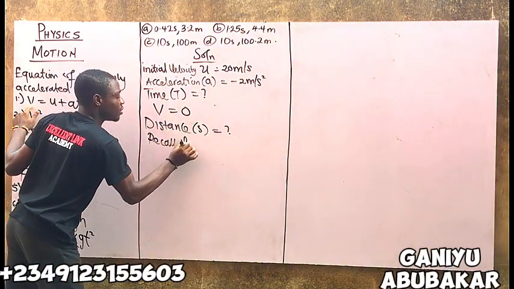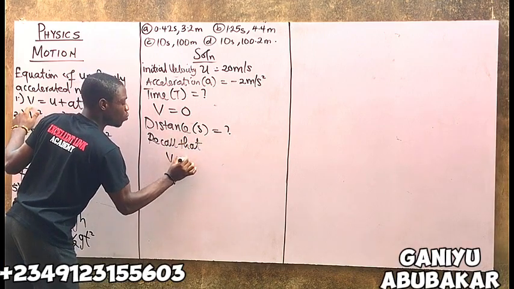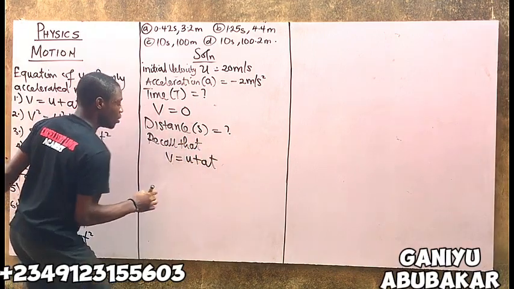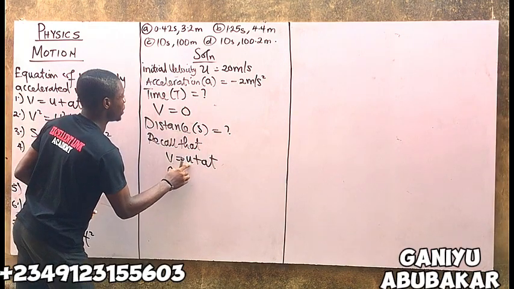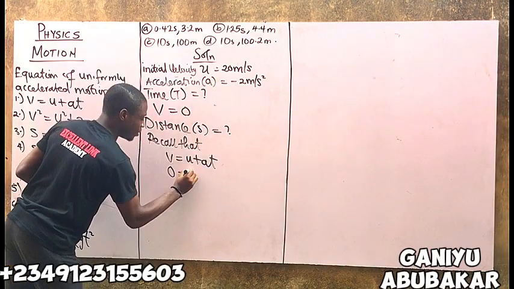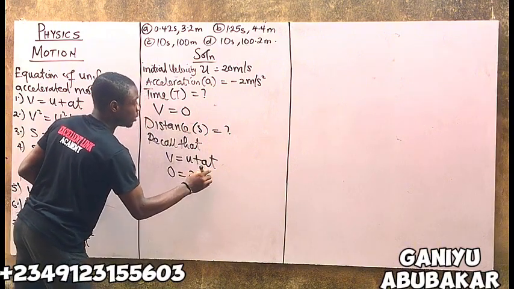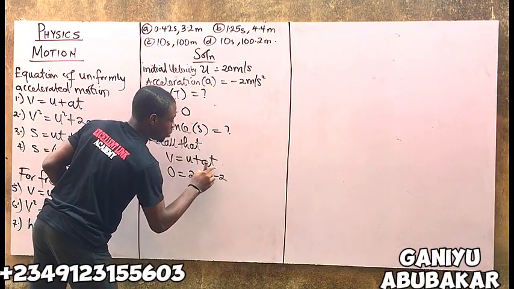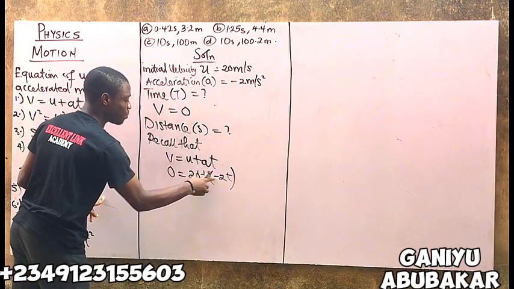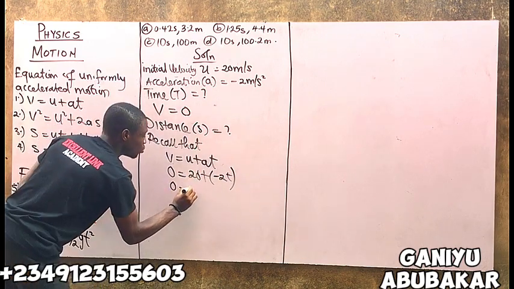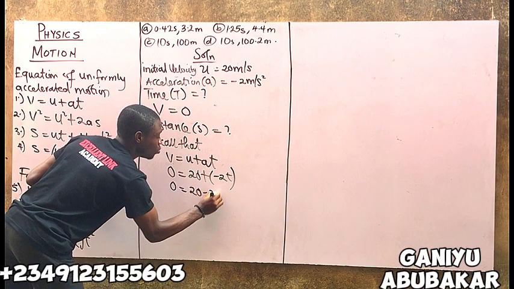Recall that we said V is equal to U plus AT. What's V? 0. So 0 is equal to U, and U is 20, plus A, which is minus 2, and I have my T here. Plus minus is minus. So 0 is equal to 20 minus 2T.